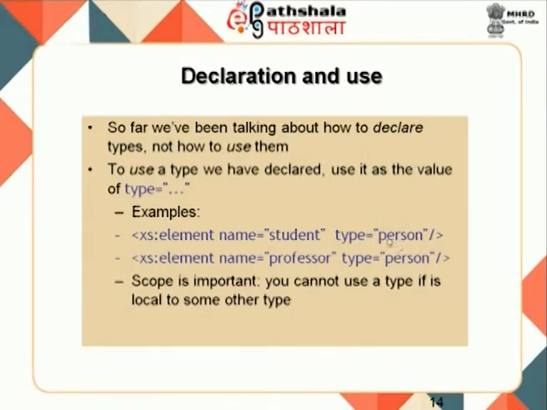So, person is already a type defined by you and you want to use it, and professor is another element whose type is also person. So, the scope is very important. Why? Because if it is globally available, you can use it anywhere. If it is locally available, you cannot use it outside a declaration.